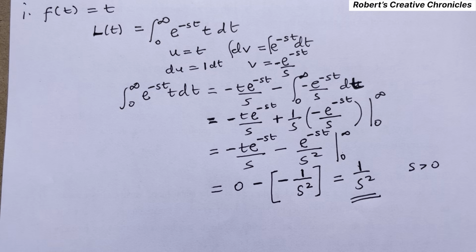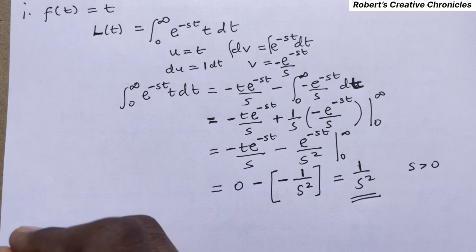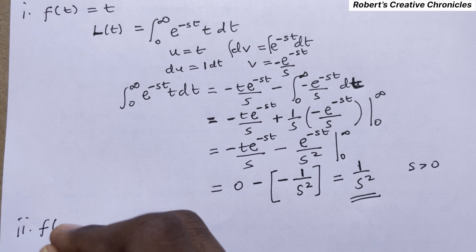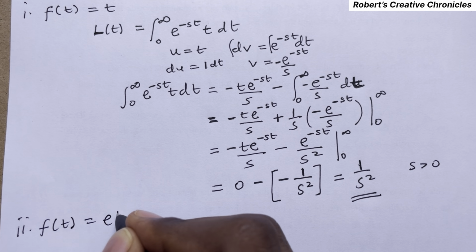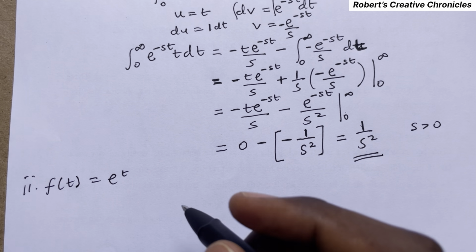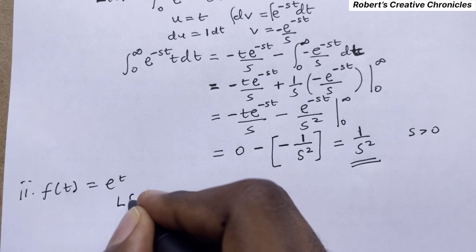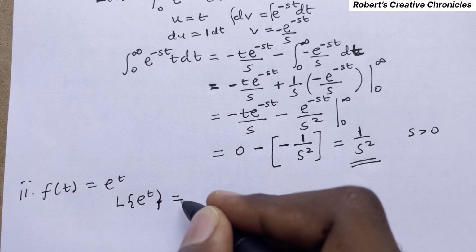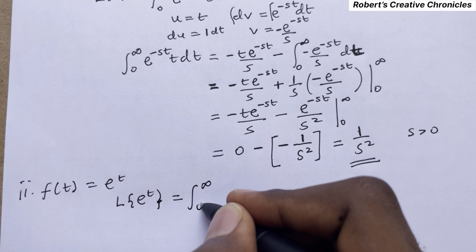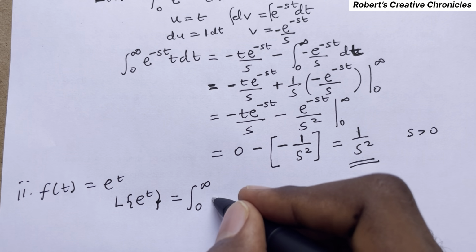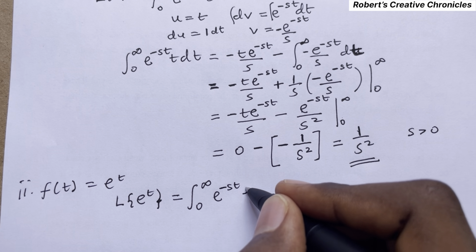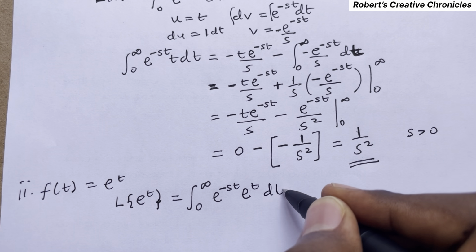So now, let's solve the second one, which is f(t) is equal to exponential t. So the Laplace transform of exponential t is equal to the integral from 0 to infinity of exponential minus st times exponential t dt.